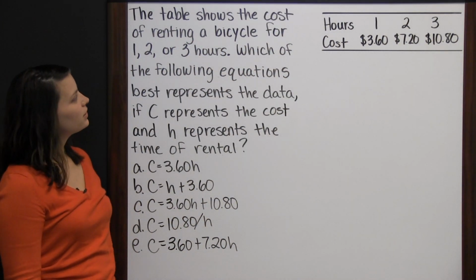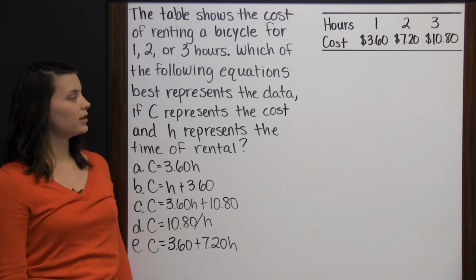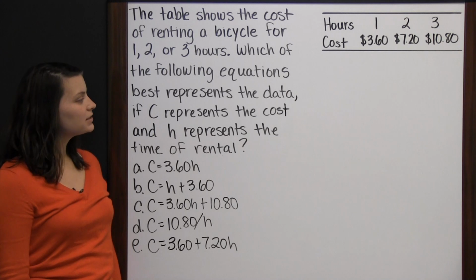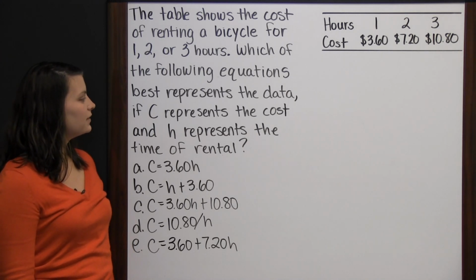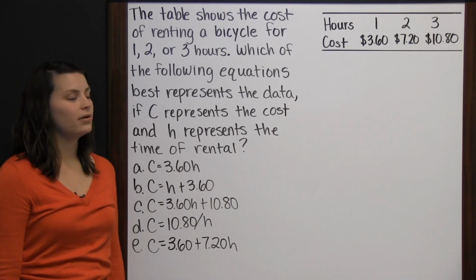The table shows the cost of renting a bicycle for 1, 2, or 3 hours. Which of the following equations best represents the data if C represents the cost and H represents the time of rental?